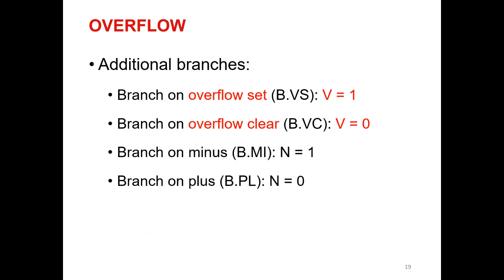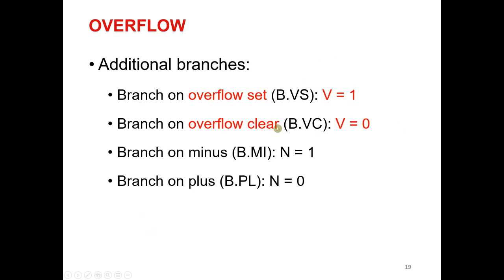So let me focus now on this overflow code. For instance, I have this conditional branch, b.vs. This will branch on overflow set. This means that if the result of my operation resulted in an overflow, this condition flag will be set and the branch will be performed, so it will jump to a specific part of the code.